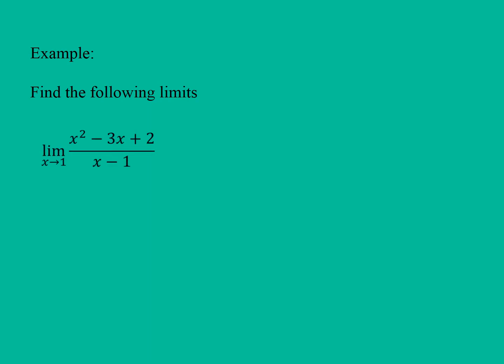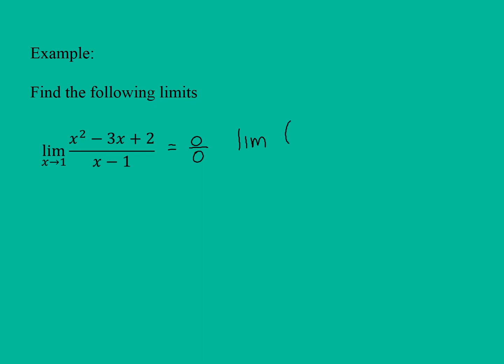Another technique. If we have this rational expression and I use direct substitution, I always try direct substitution first, you would see we get 0 over 0, the indeterminate form. So I'm going to look at this and see if I can factor the numerator.